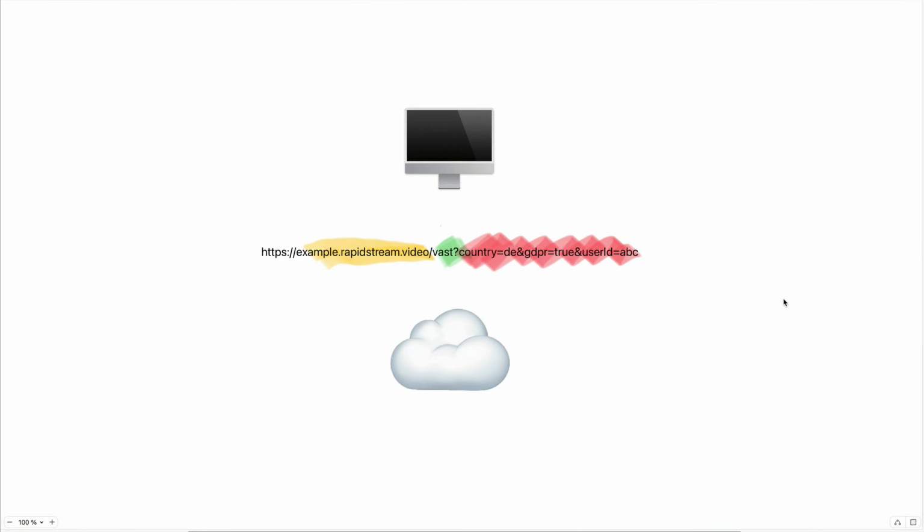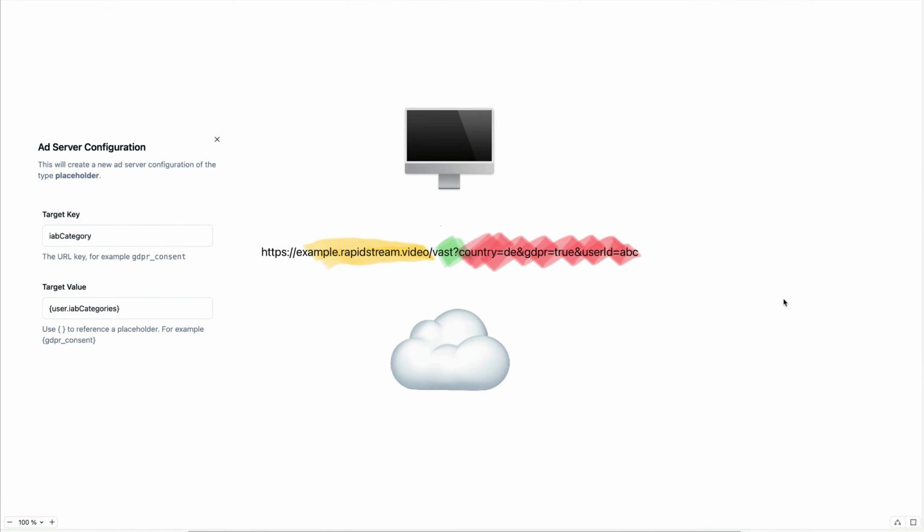And if we get more information about that user, we can add that configuration to the ad server request URL. For example, if our system knows that user ID ABC has 2 IAB categories attached to its profile, we can send those categories to the ad server, and the user will get more personalized advertisements.